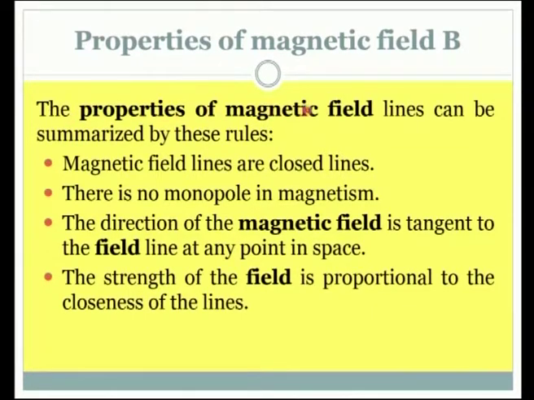The properties of magnetic field lines can be summarized by these rules. Magnetic field lines are closed lines, they do not have north and south pole if considered as a loop. There is no monopole in magnetism. I would like to explain a bit about this. In the case of electrostatics, we have one charge as positive and another charge as negative, two sets of charges.